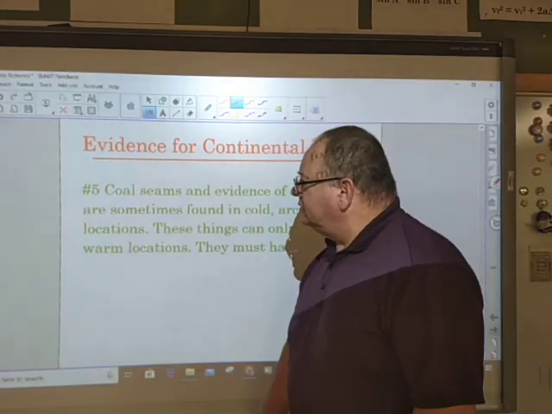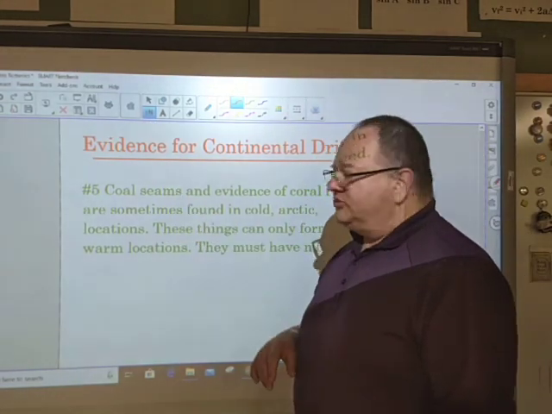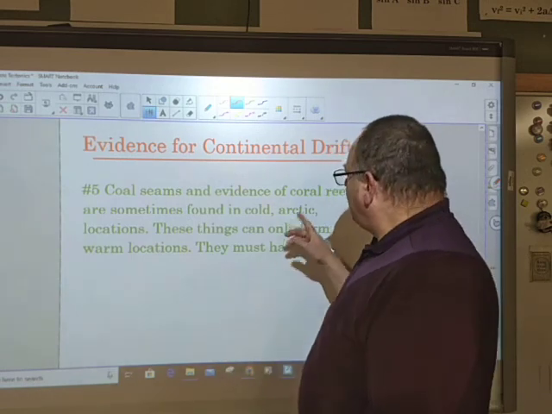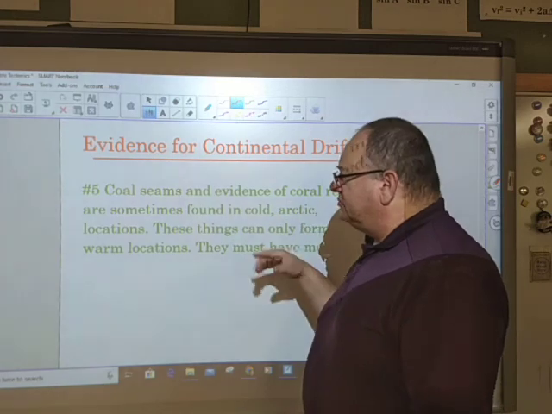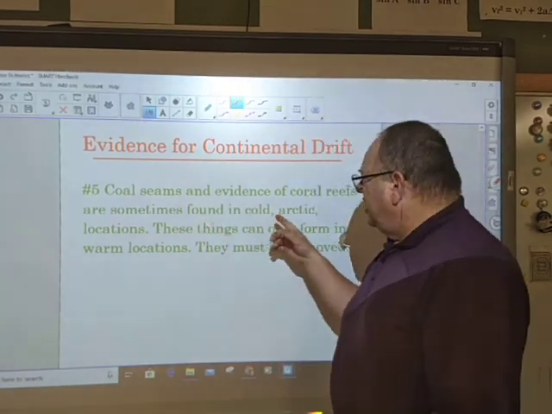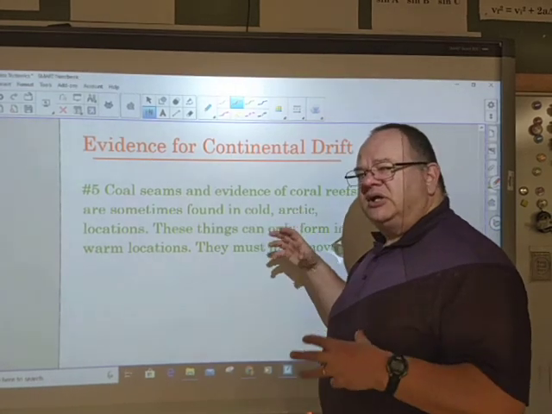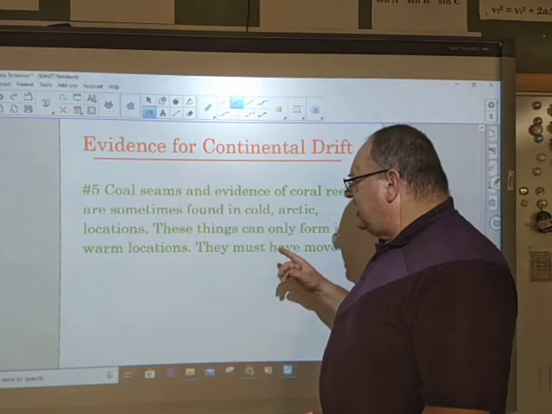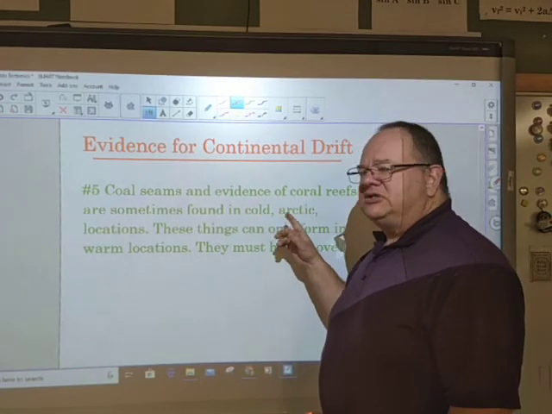Number 5, coal seams. Okay, coal, yes, that's that rock that can burn. Evidence of coral reefs, coral fossils. These things are sometimes found in cold Arctic type locations. But those are things that can't form in cold Arctic type locations.